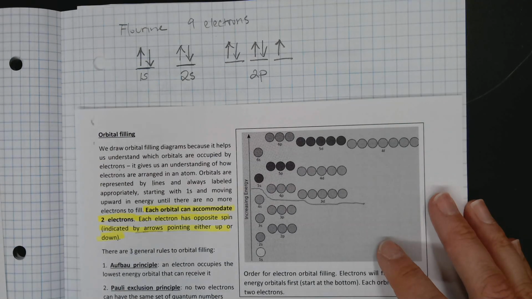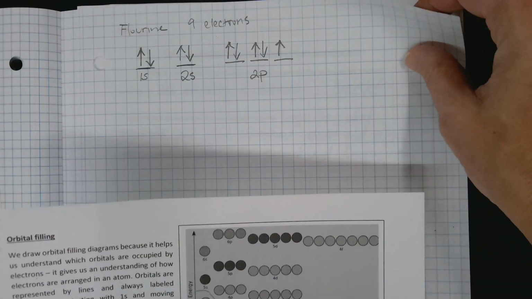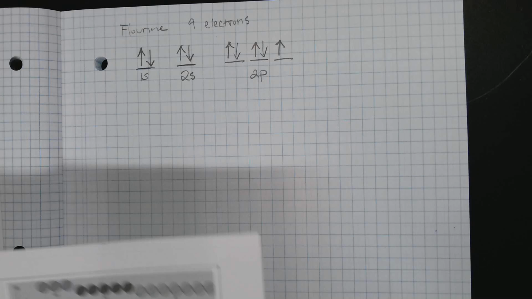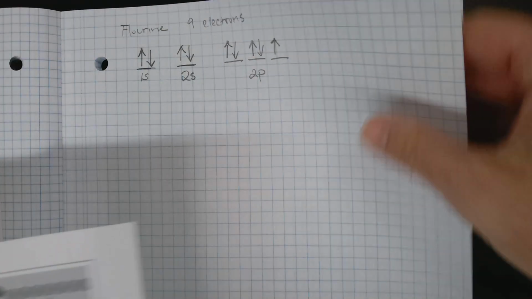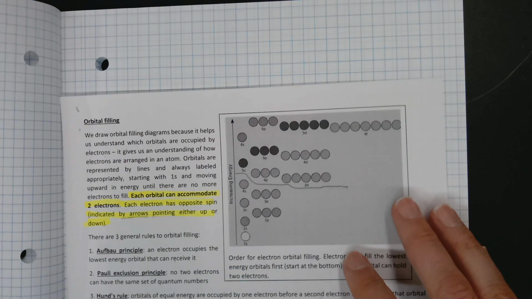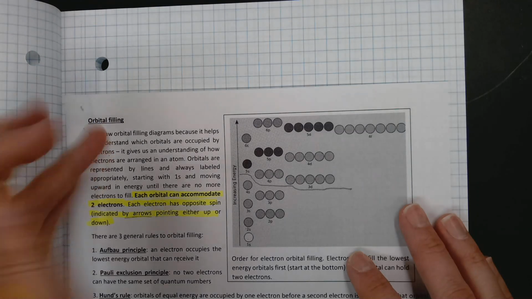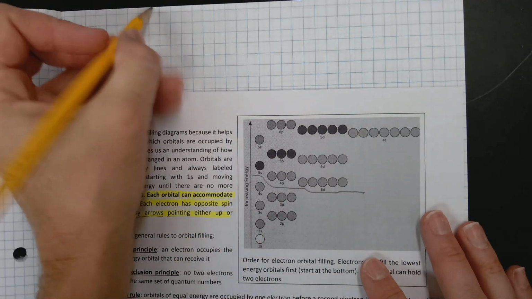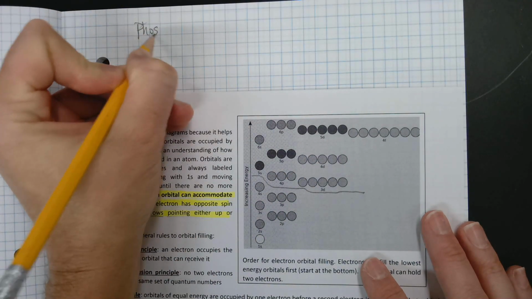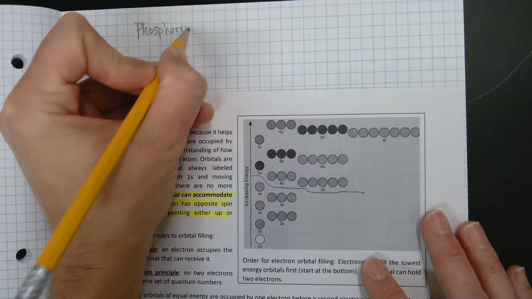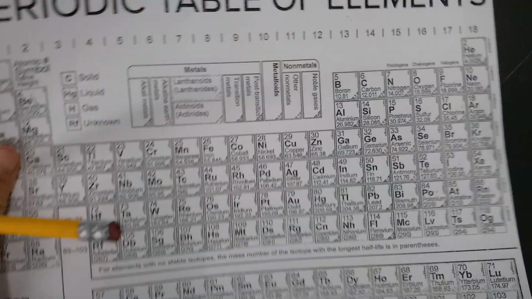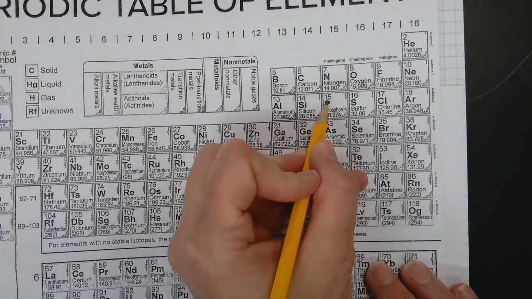Okay, let's do another example. Let's do phosphorus. Phosphorus is number 15.